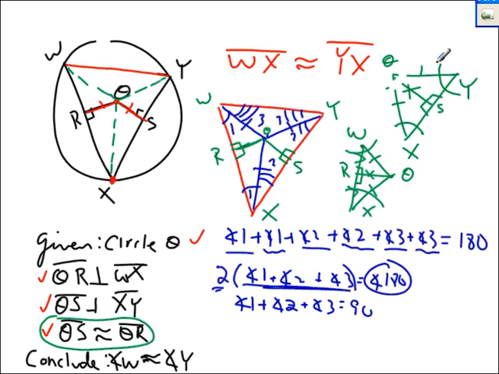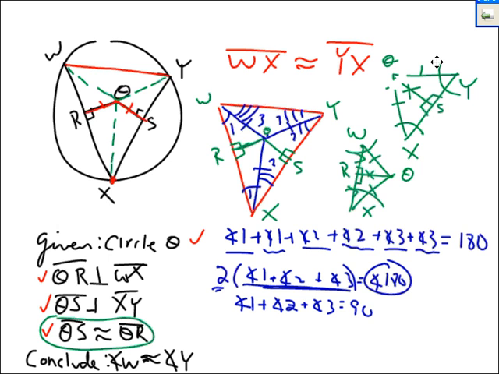All three angles, X, Y, and W, are the same because they're similar triangles. I guess I needed to do what I did. But yep, they're actually the same.